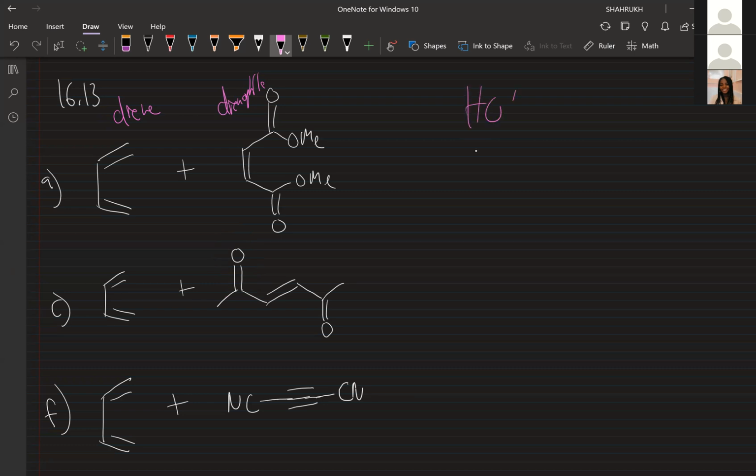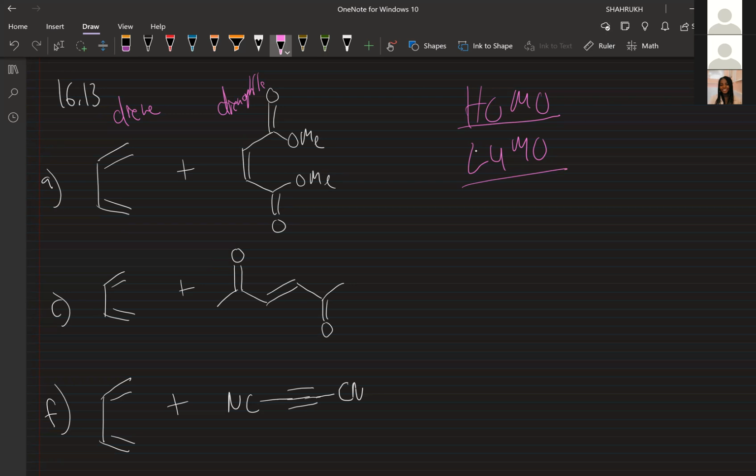So HOMO and LUMO. HOMO is the highest occupied molecular orbital, and LUMO is the lowest unoccupied molecular orbital. I'm not going to talk about nucleophiles and electrophiles right now. Dienes have very good HOMOs, and dienophiles have very good LUMOs.